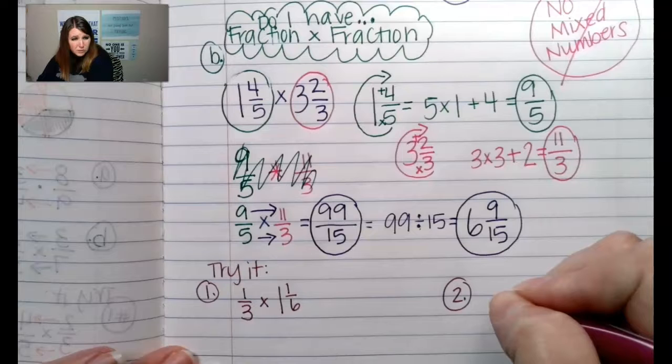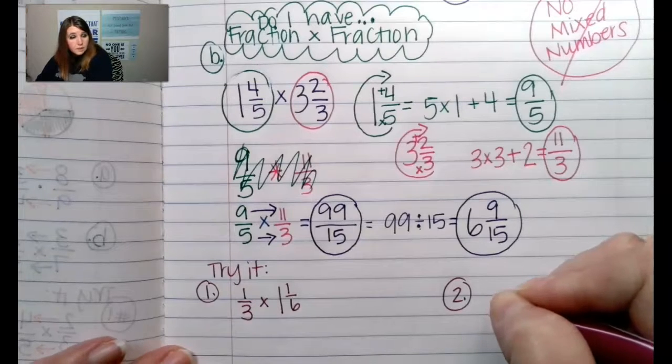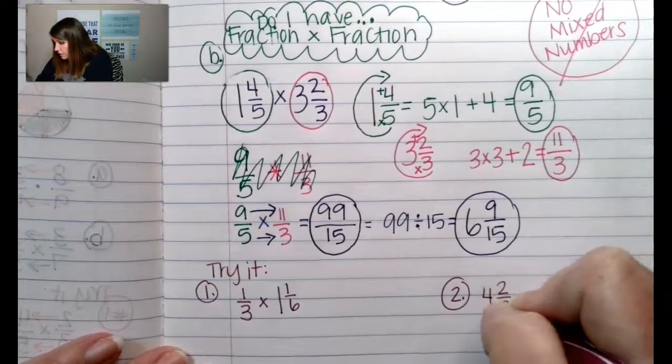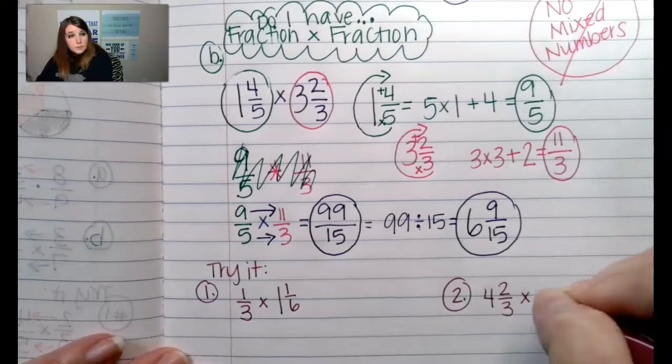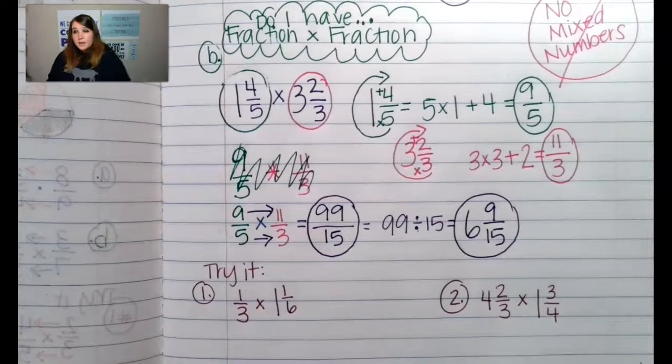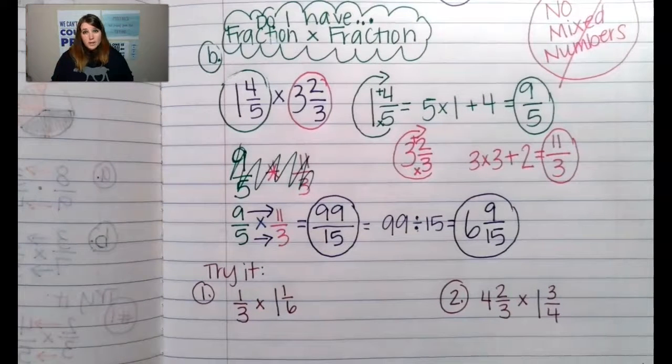It's a really big one. I don't know if we can do that big of one. Okay, let's do 4 2/3 times 1 3/4. Okay, now pause this video right now so that you are able to solve these without hearing me solve it. Okay, so hit pause so that you don't hear me solving the problems. And then hit play when you're ready to go.